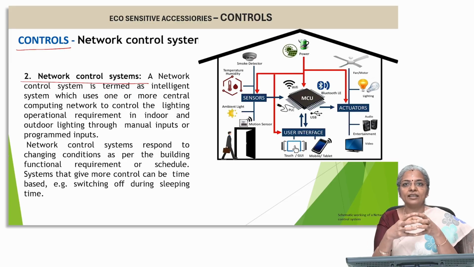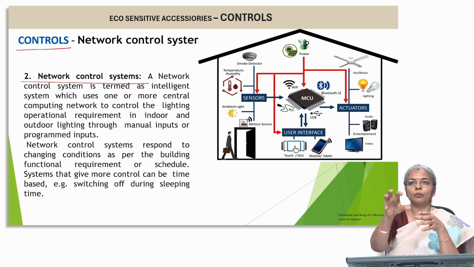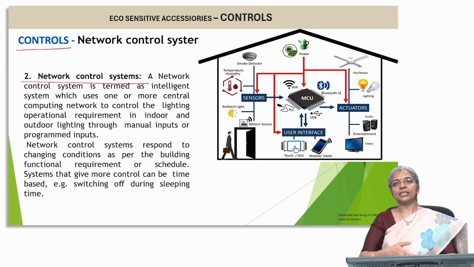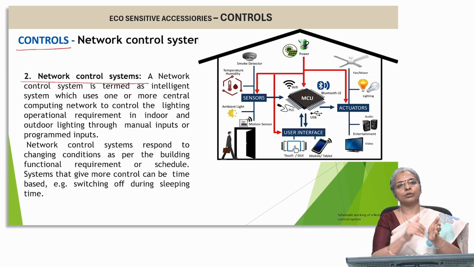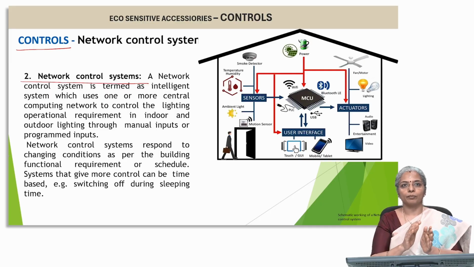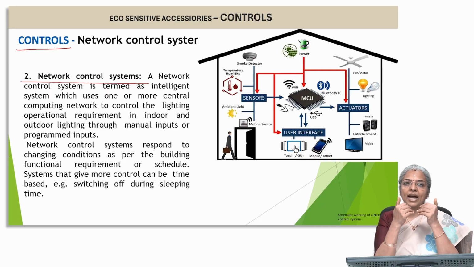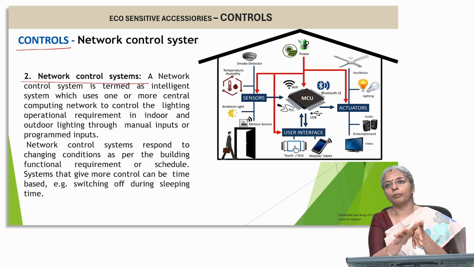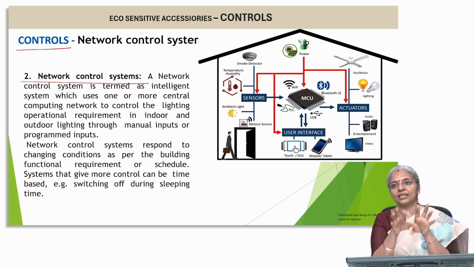So, there is a centralized gadget which will control the operation of lights in various areas. The various areas could be either indoors or outdoors or both, and this can happen through either manual input or programmed or pre-explained input.